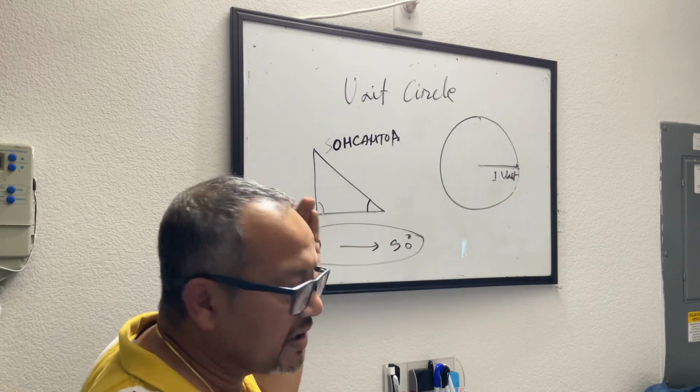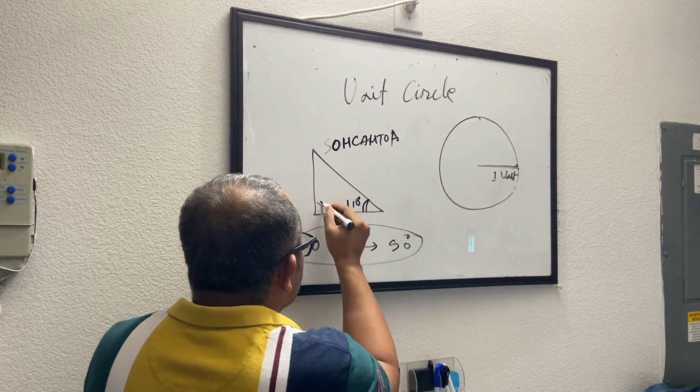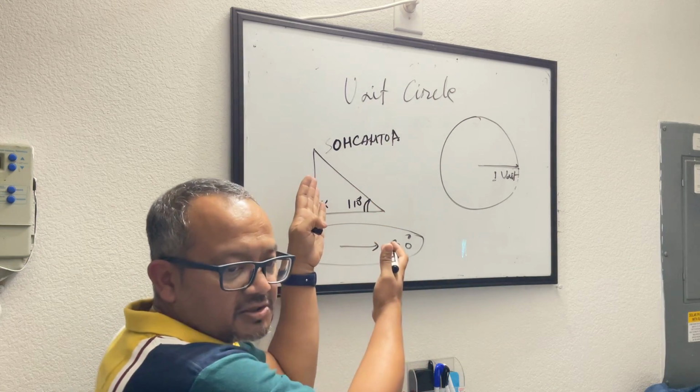The time it goes beyond 90, let's say this angle is 110 degrees, this is not a right angle triangle anymore. We cannot apply trigonometric concepts.